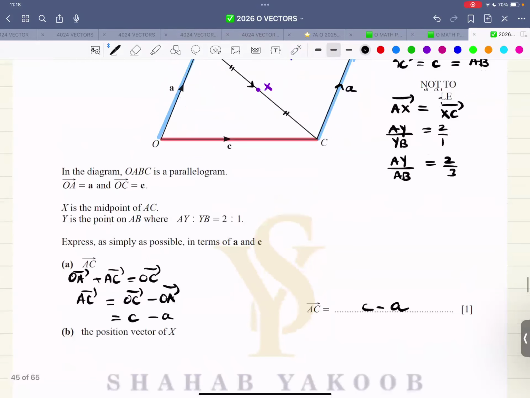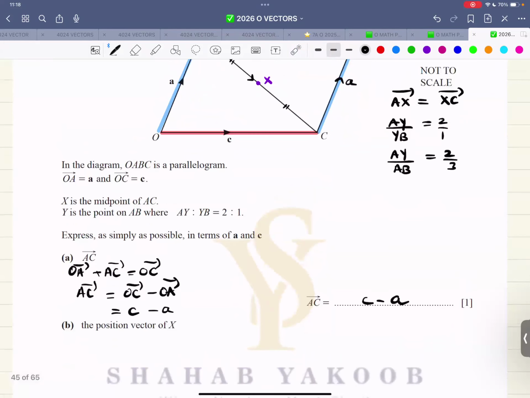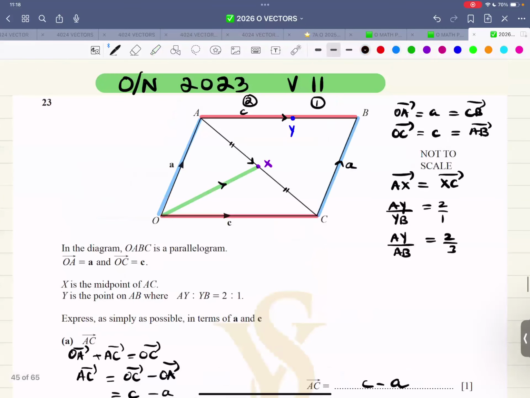The position vector of X, it means if I join a line like this from origin till X, that is the position vector of X. So now I have to make a route O till A till X, that's the same thing as OX. So now I know what is AC.